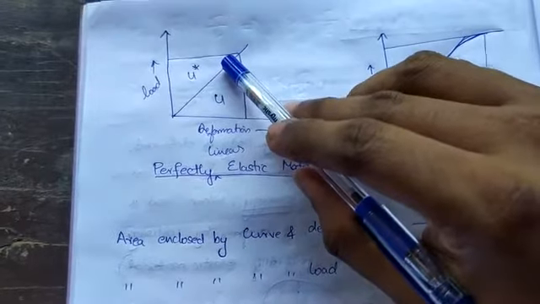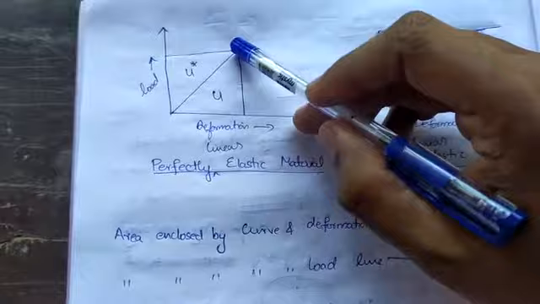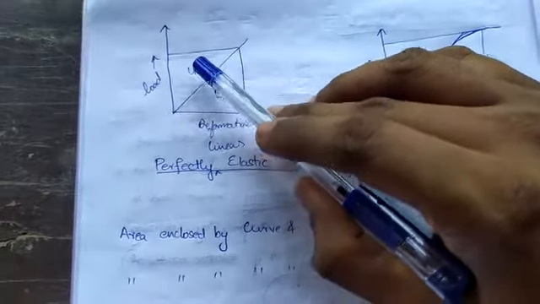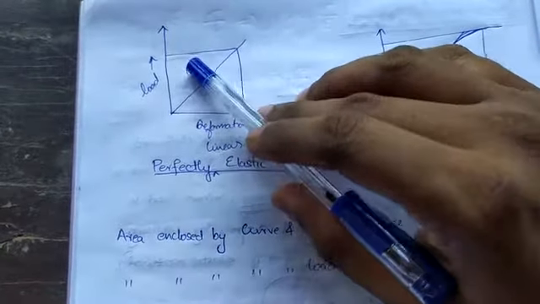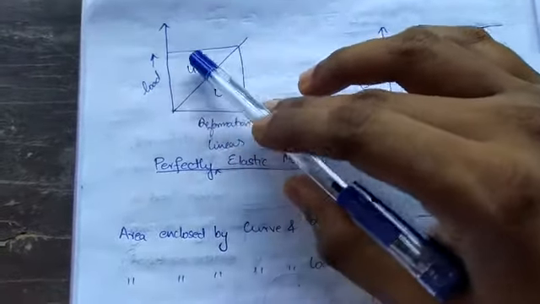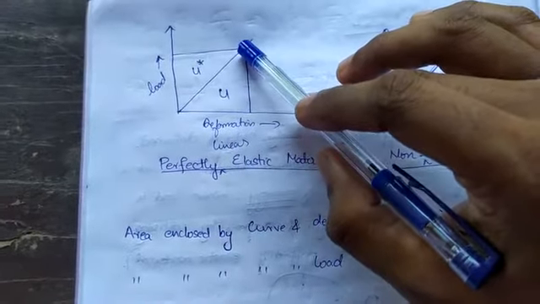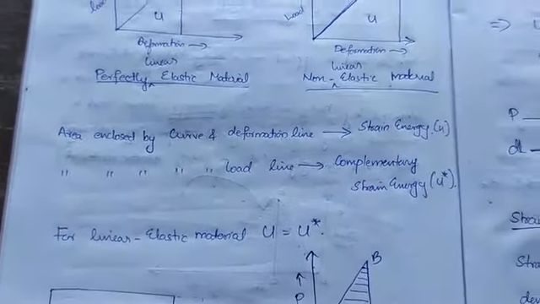Whereas the restored energy, that means if you release the load, is U star, which is called the complementary energy, found by the area between the elastic curve and the load line. So that has been given here.